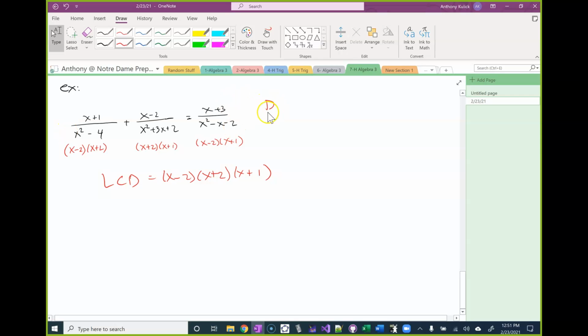Okay, we're good. The x minus 2 and the x plus 2's cancel. In the second multiplication problem, they cancel.